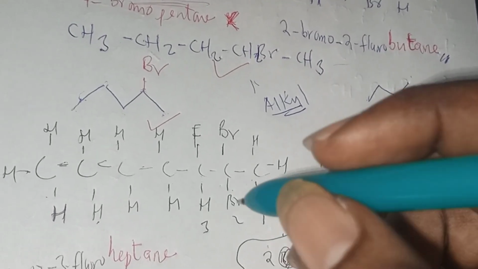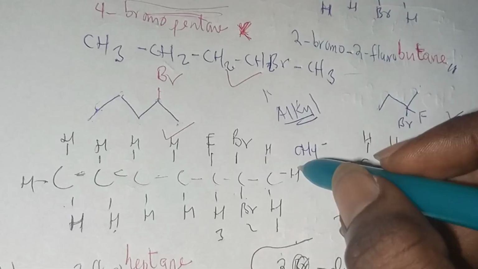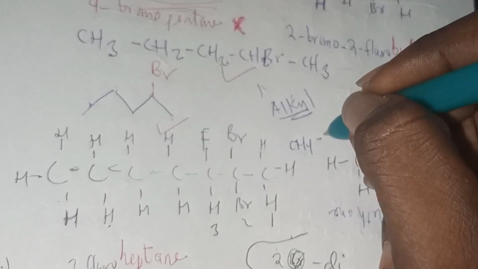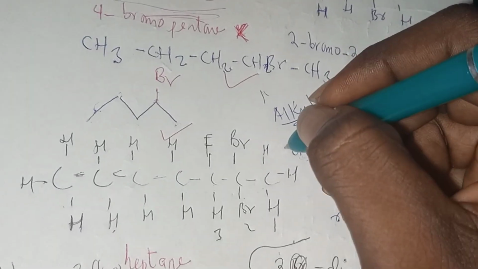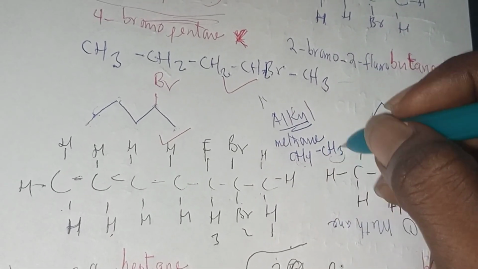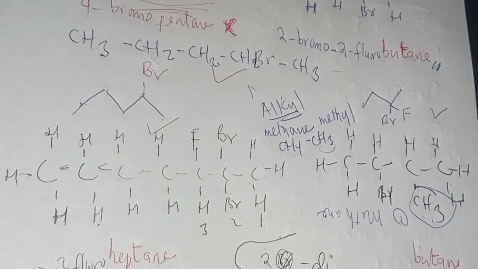Do you get it? So let's say we're having CH4. If CH4 loses one hydrogen to form a bond to this compound, CH4 is basically methane, right? So this is going to be methyl. Do you get it?